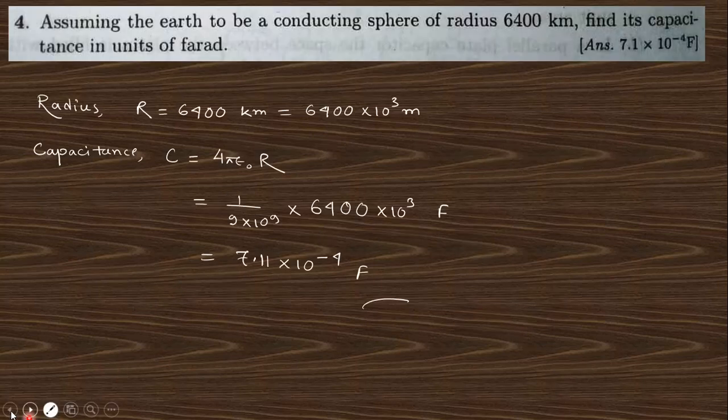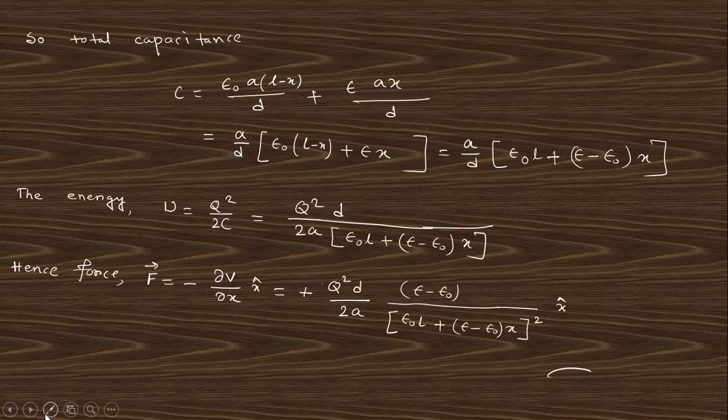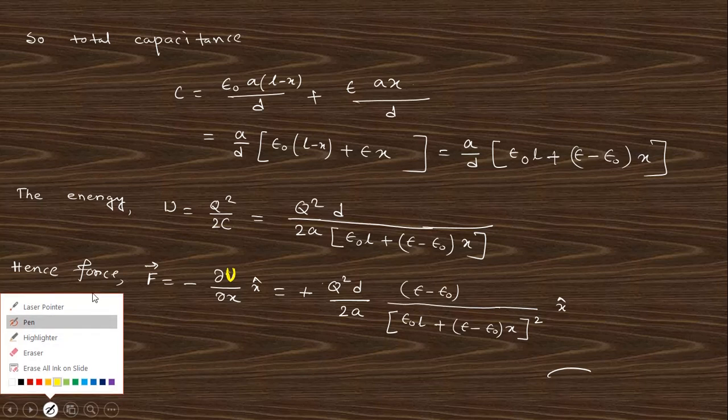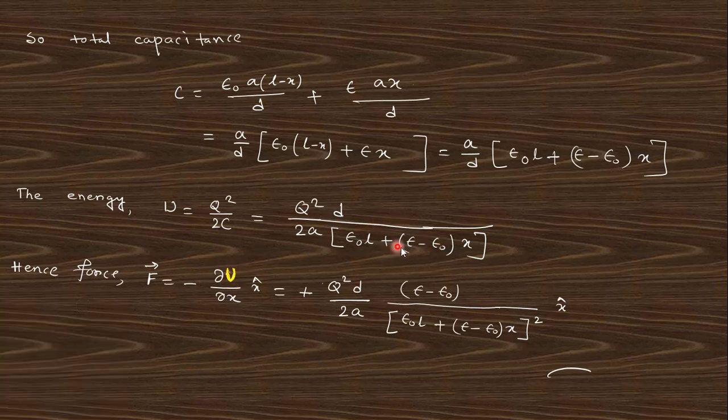Actually this is not del V, sorry, this is del U. You take the partial derivative with respect to x only, because there is only one variable x. And if you take the derivative with respect to x, this will be the answer, right?